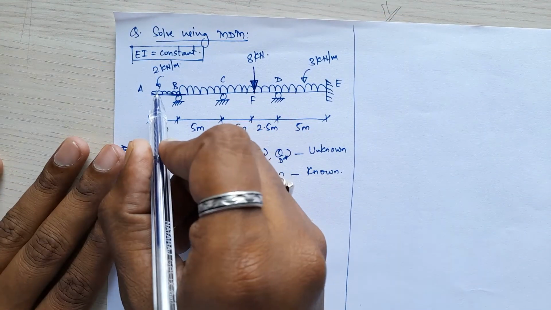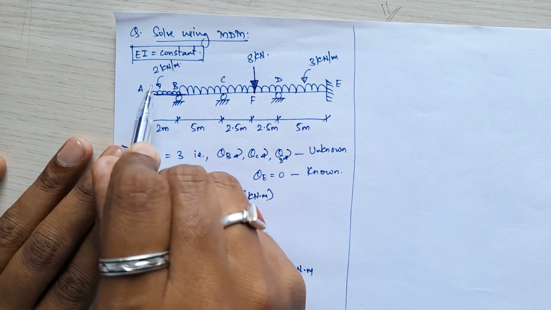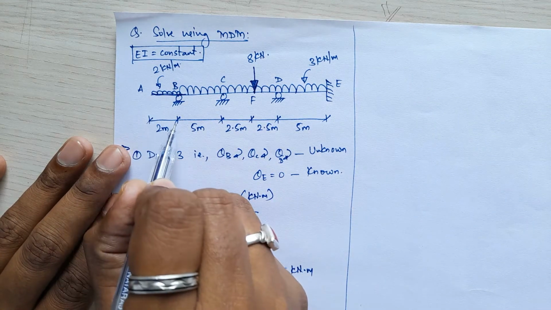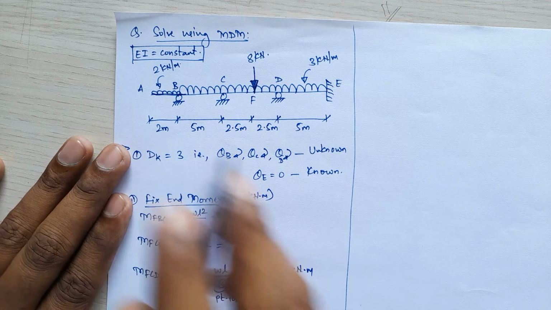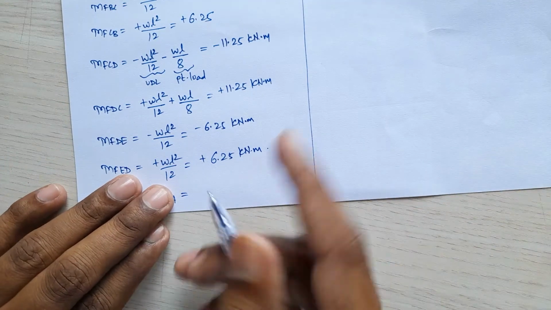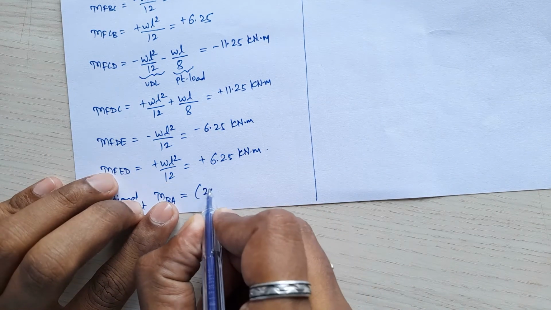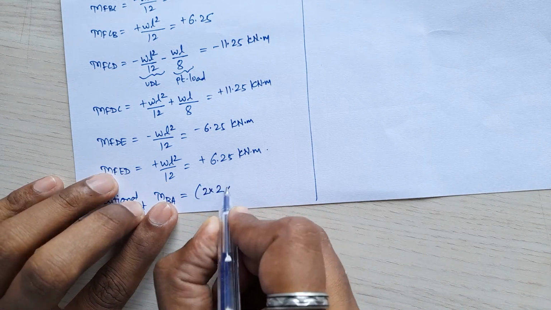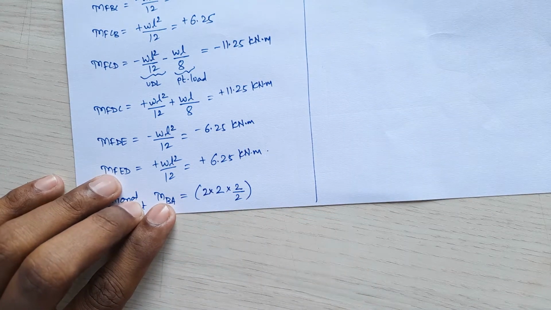So additional moment comes equal to intensity of UDL multiplied by its acting length multiplied by its lever arm. Lever arm will be at half of this 2. So that moment comes equal to intensity of UDL 2 multiplied by its acting length 2, and lever arm will be half of your acting length, that is 2 by 2.